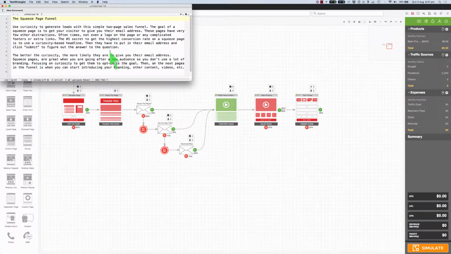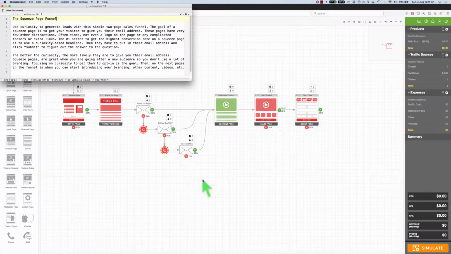But what you want to do is get the highest number of people possible to give you their email address, so that then you can follow up with further emails, and then hopefully through that process we can get an audience which is more likely to react positively at this sales page here.